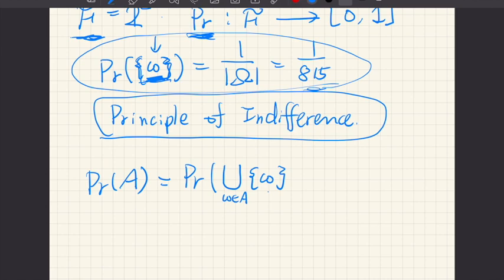So subset consisting of one element, and this element belongs to this A. Okay, so this A is equal to this union. But these subsets are obviously disjoint, so according to the third axiom of probability measure, we can split this into the sum of each event.